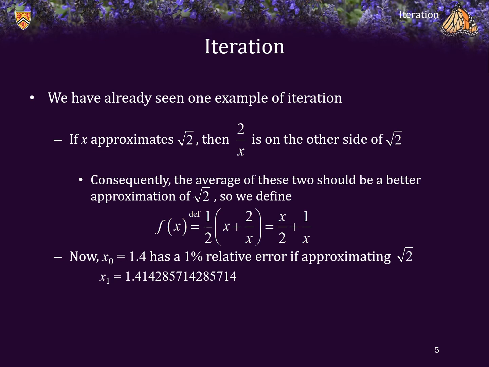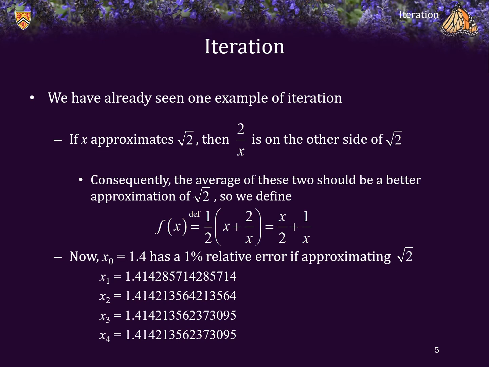And if we now apply f to x1 to give us x2, we get an even better approximation. In fact, after only 3 iterations, we have all 16 significant digits correct. And if we apply f to x3, the result is unchanged. So it seems that if we are using double precision floating point numbers, this has converged to a single value after only 3 iterations.